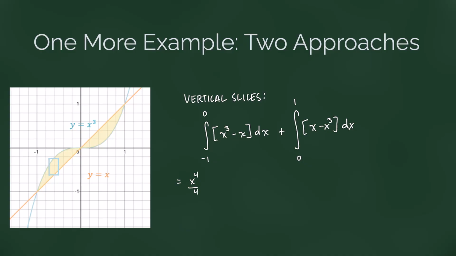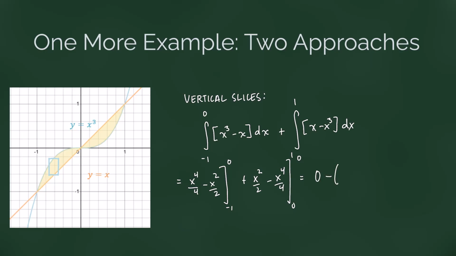Taking antiderivatives, we see that this is x to the 4th over 4 minus x squared over 2, evaluated from negative 1 to 0, plus x squared over 2 minus x to the 4th over 4, evaluated from 0 to 1.